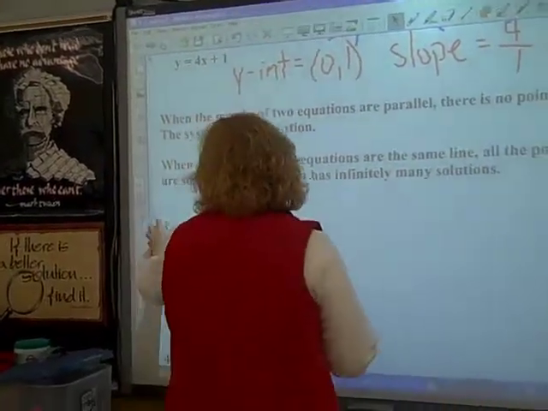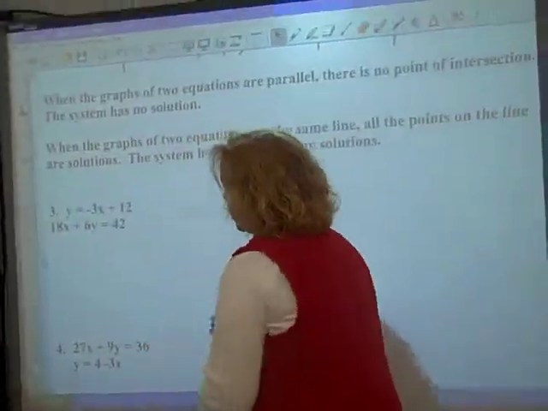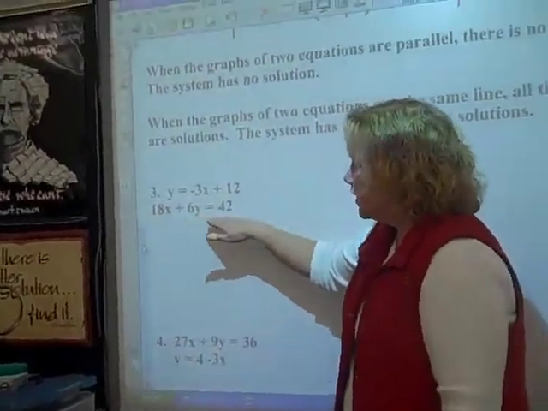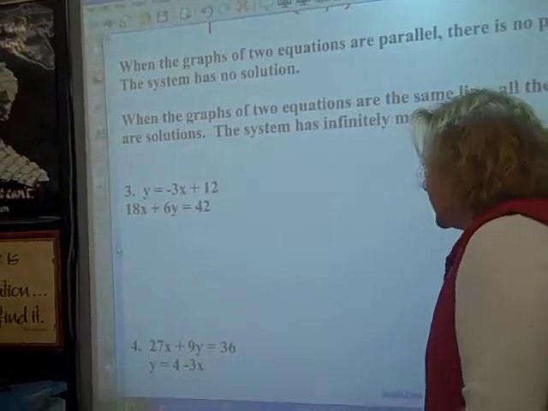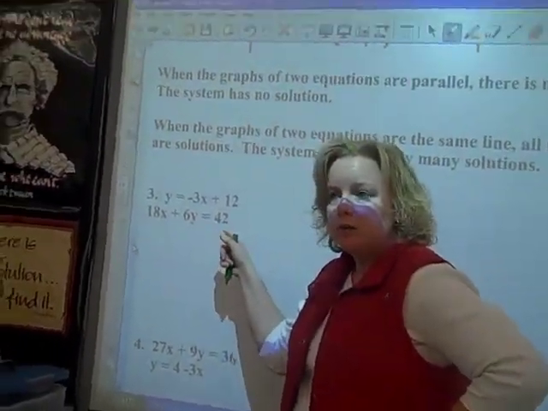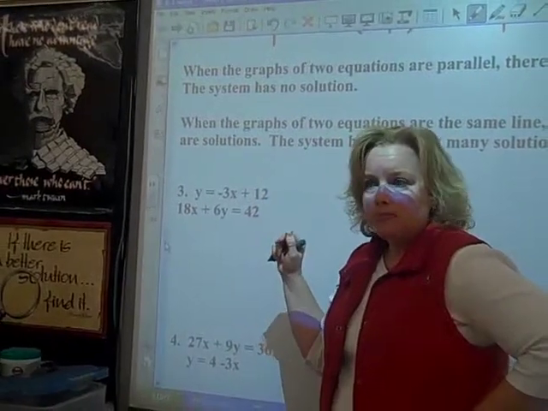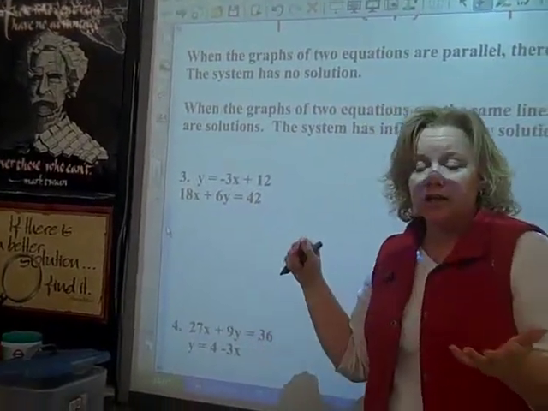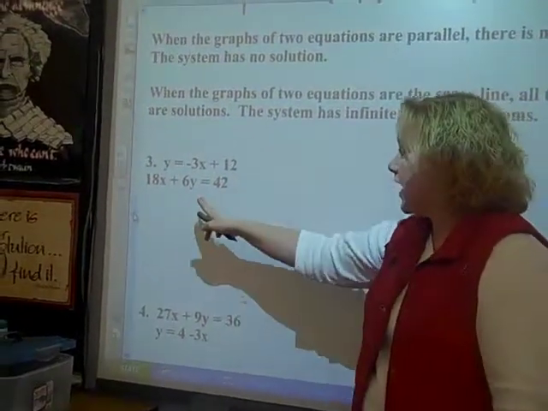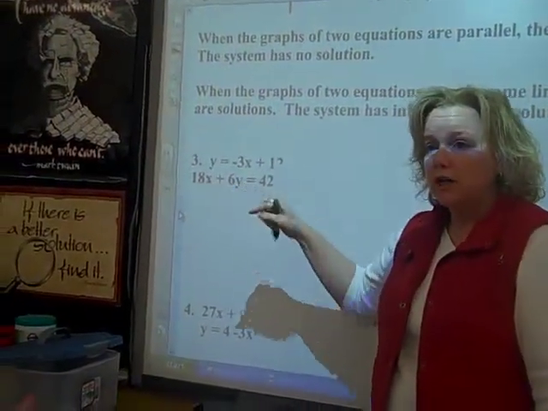So look at number 3. Number 3, this one's in slope-intercept form already. This one is not. I'm going to get it into slope-intercept form. What do I need to do to get it into slope-intercept form? What do I need to isolate or get by itself? Y. How do I start that? What am I going to do, Jacob?